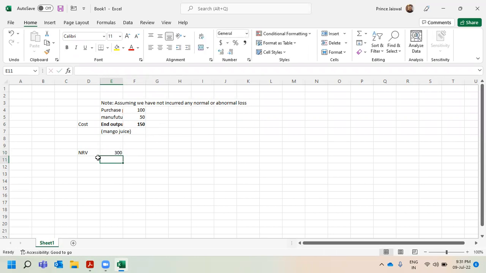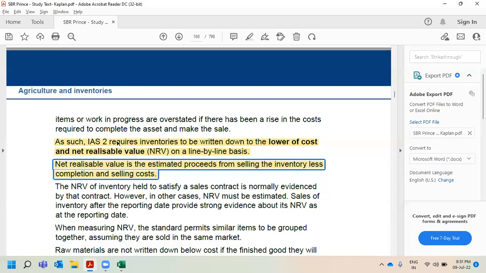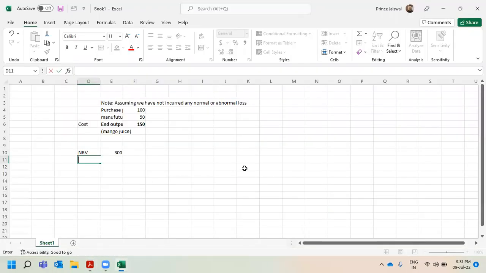But in order to sell it, I have to incur a completion cost. So we have an output cost of 150, and an NRV if I sell it at 300, but we have to incur a completion cost.